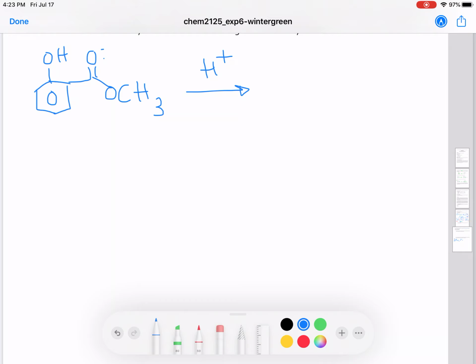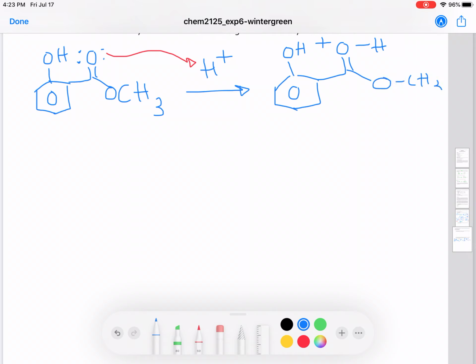So this carbonyl oxygen will get protonated. Correct? So this is going to get protonated, and this will give us the protonated carbonyl group. Nothing will happen to this phenol OH. Now this would become positively charged, OCH3. Then what do you think would be the next step going to happen?